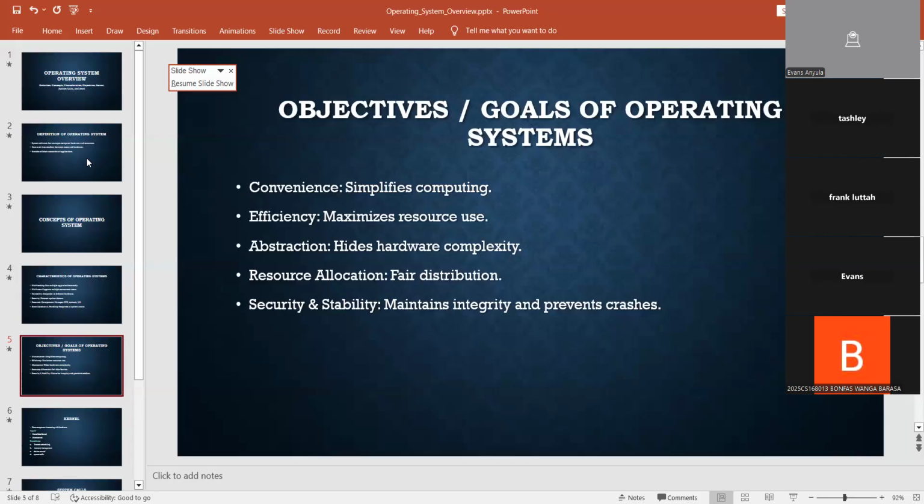It hides the hardware complexity. Resource allocation is fair distribution under input and output, and we say this is first come, first served. So it handles fair distribution and allocation of resources. The last one is security and stability, which means to maintain the integrity and prevent the crashes of the machine.